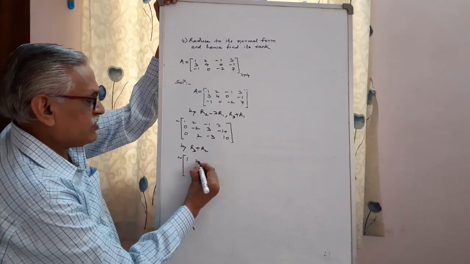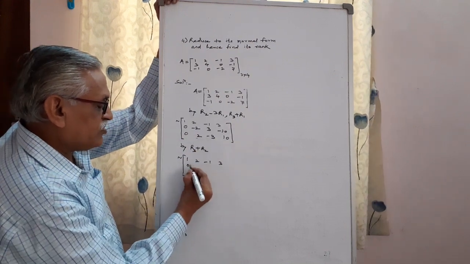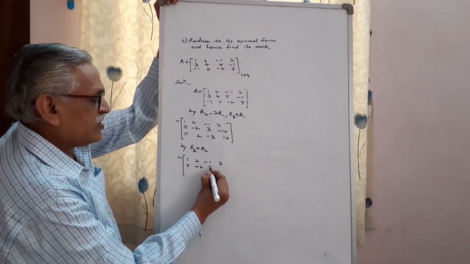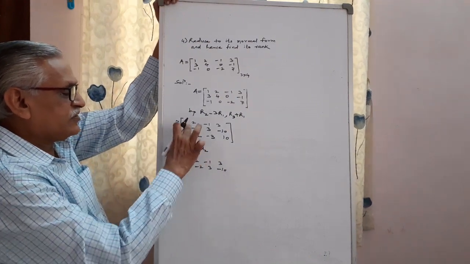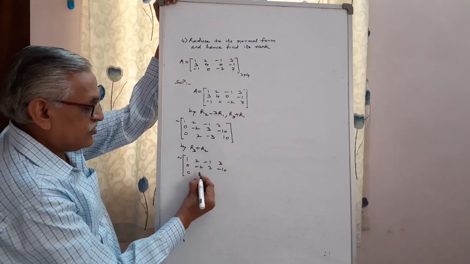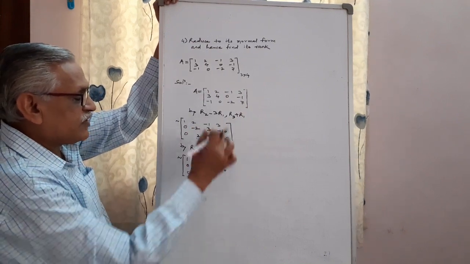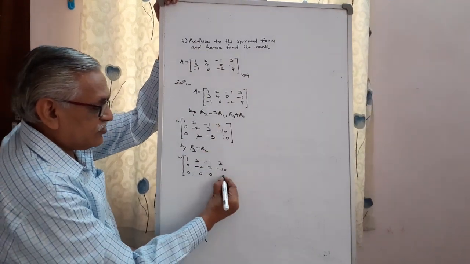First row no change, 1 2 minus 1 3. Second also no change, 0 minus 2 3 minus 10. Then applying this: 0 plus 0, minus 2 plus 2 is 0, minus 3 plus 3 is 0, 10 minus 10 is 0.